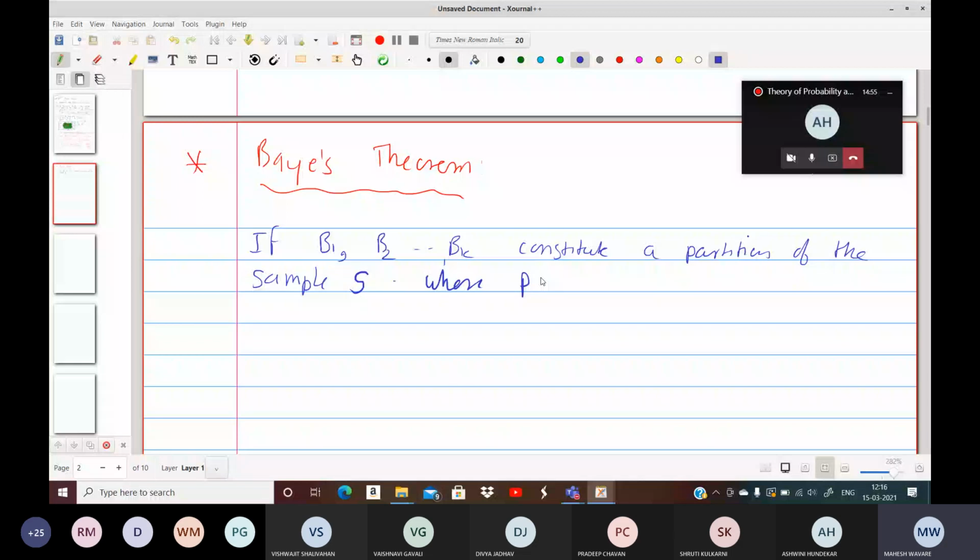Then for any event A which occurs in the sample space S, such that its probability is non-zero, we want to find the probability of some event Br given that A has already occurred.